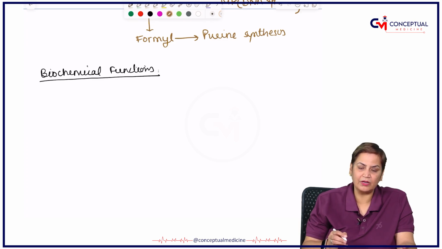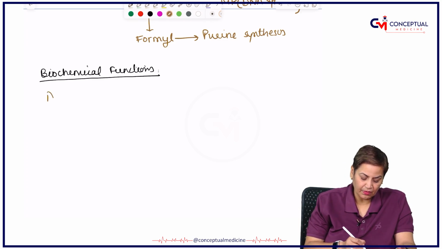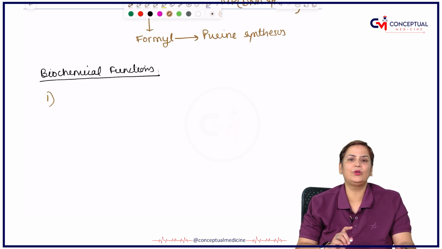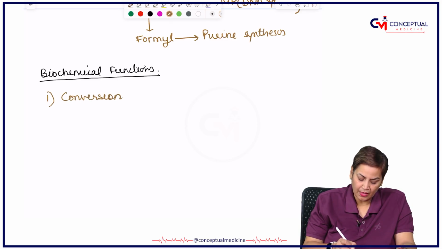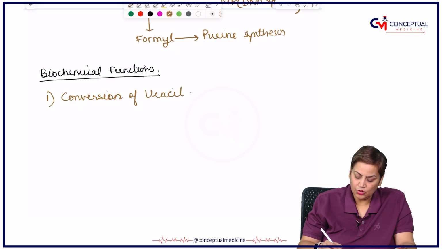The most important function is conversion of uracil to thymine.